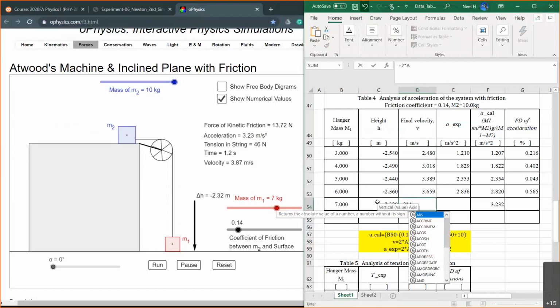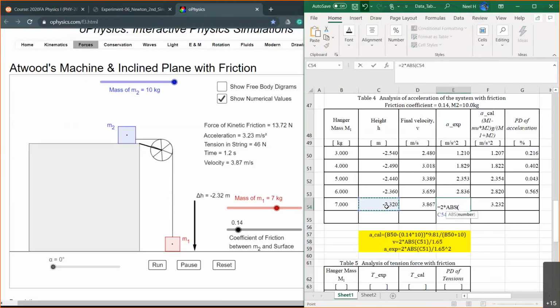Equal 2 times ABS parentheses H divided by the time 1.2, equal 2 times ABS parentheses the height close brackets divide by time 1.2 to the power 2. They are very close to each other, 2.2223. So let's do the PD. Let me copy and paste the function for PD also. Those are the functions we are using for this calculation.